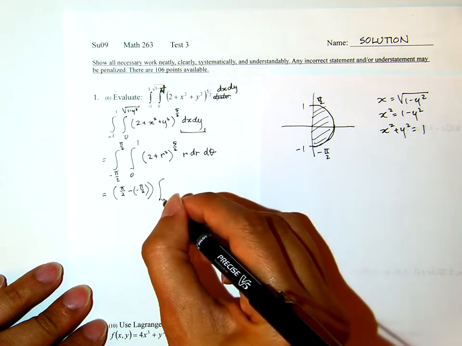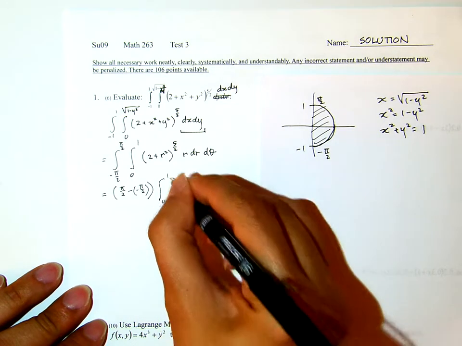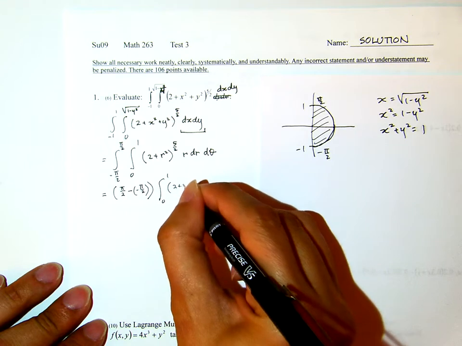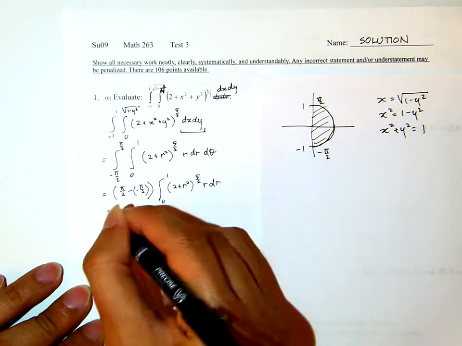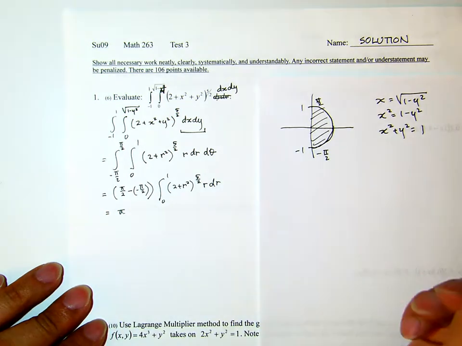Right? Then the integral from 0 to 1 of (2 plus r squared) to the power of 5/2 times r dr, like this. This is equal to pi, as you will see later on.